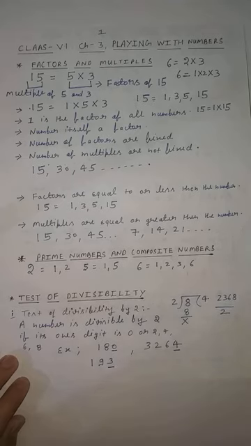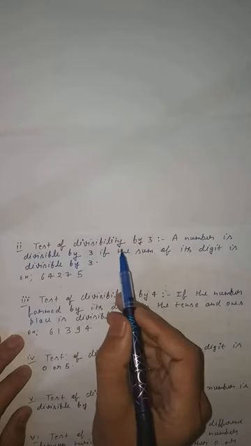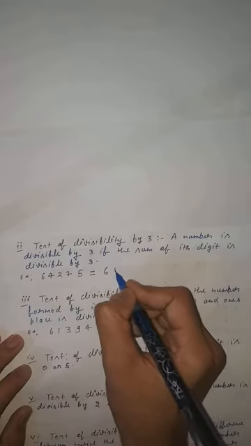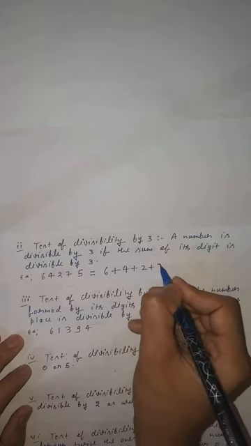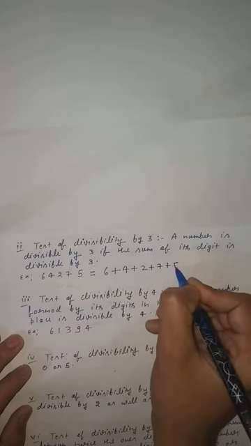Clear students? Now second, the test of divisibility by 3. A number is divisible by 3 if the sum of its digits is divisible by 3. Okay students? So if any number is given, first we will find the sum. To find the sum of this, 6 plus 6 plus 4 plus 2 plus 7 plus 5.